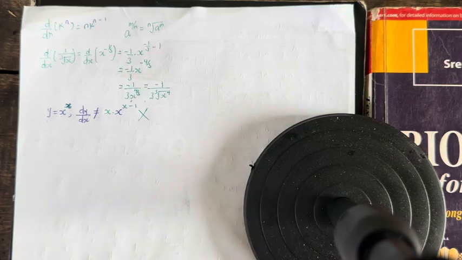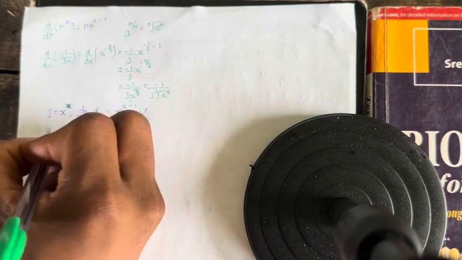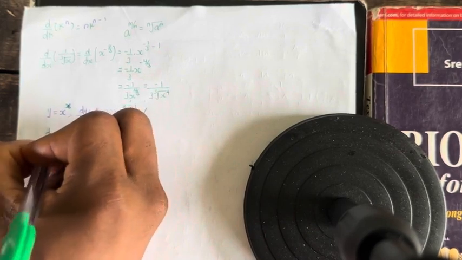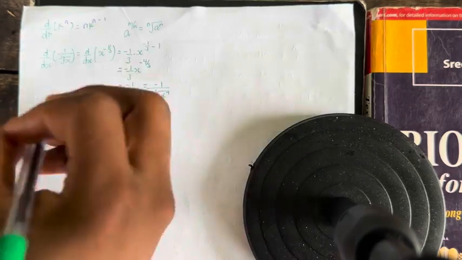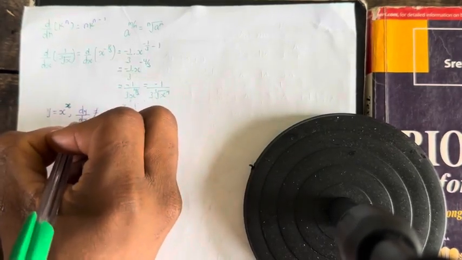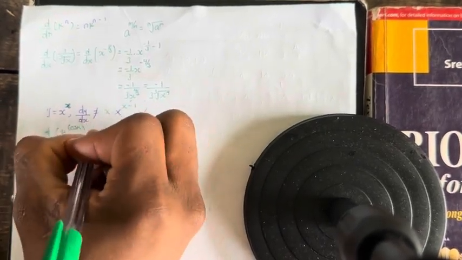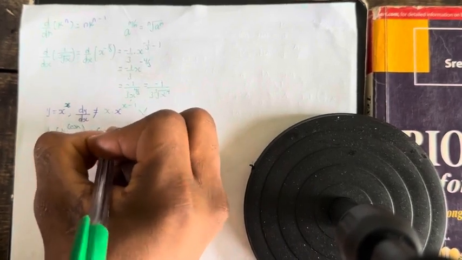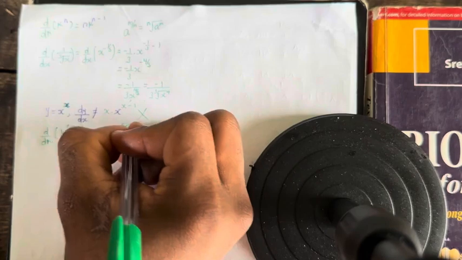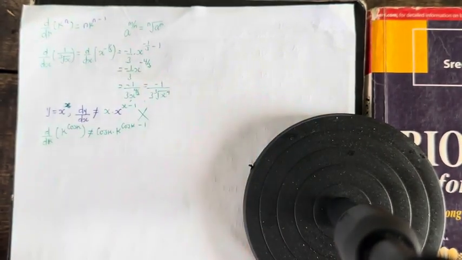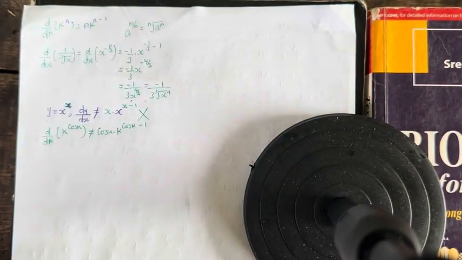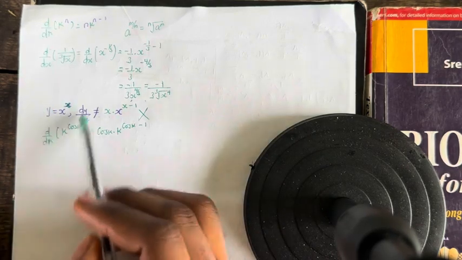Likewise, the derivative of x to the cos x is not equal to cos x times x to the cos x minus 1. Please, it is a very important truth, because it happened to me while I was in college that this question was written on the board.